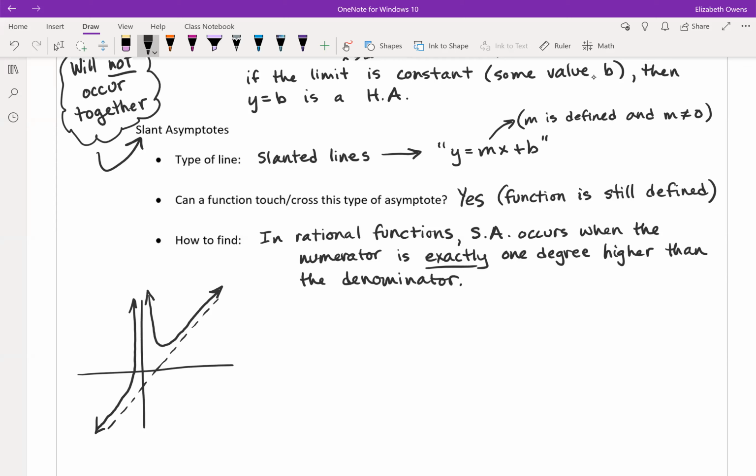So to find a slant asymptote, we are going to use polynomial long division. Okay, use polynomial long division to divide the numerator by the denominator.